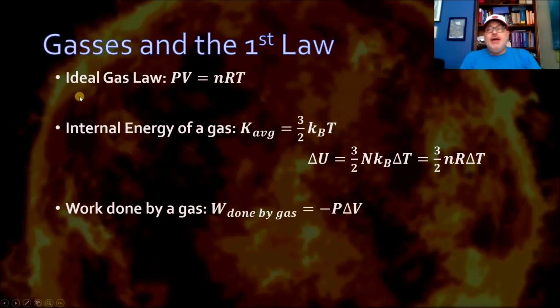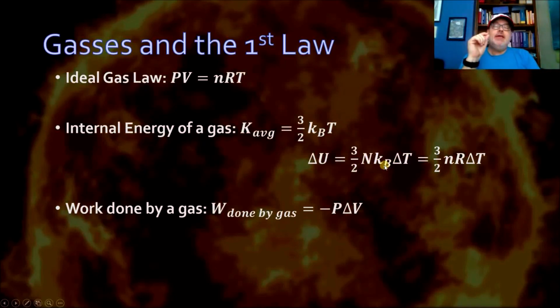So since we're talking about gases, remember that we have the ideal gas law in play, and we also have learned the internal energy of a gas. The average is equal to 3/2 Boltzmann constant times temperature. Now, if we take this equation and multiply by the total number of atoms in the gas, then we will find the total energy inside the gas. We have this new term, 3/2 N k_B delta T, and that will tell us how much our internal energy changes.